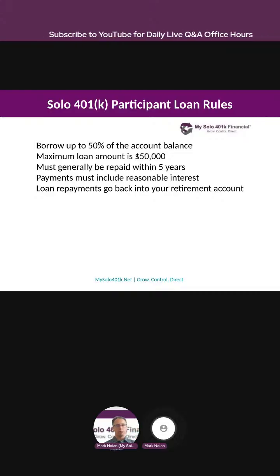Now, for self-employed investors seeking additional flexibility, a solo 401k may provide advantages over a self-directed IRA, including the ability to borrow 50% of their solo 401k balance, not to exceed $50,000, the option to invest in life insurance, and typically greater flexibility for advanced retirement planning strategies.